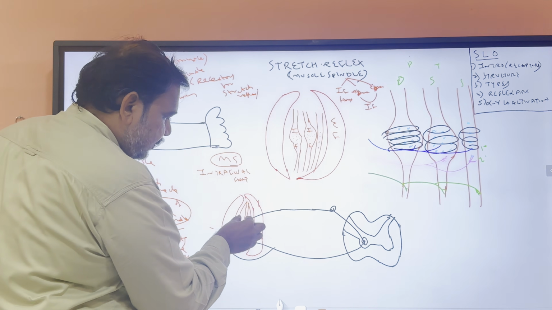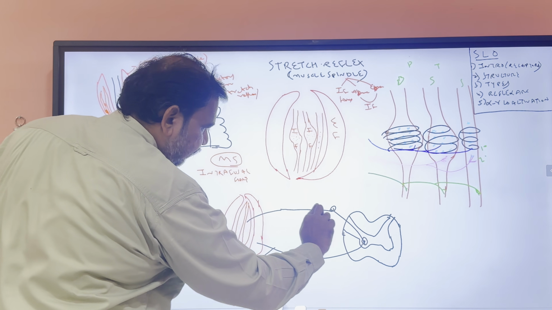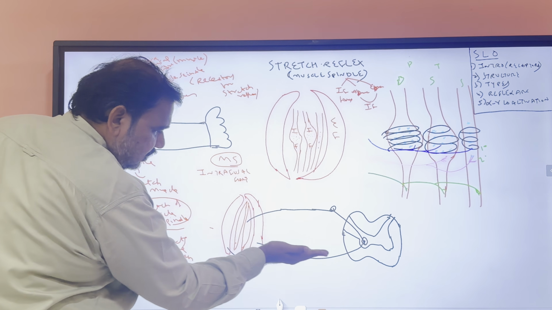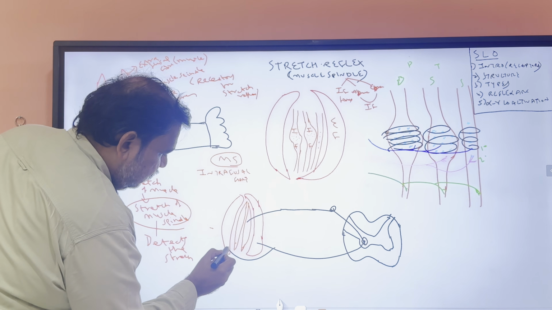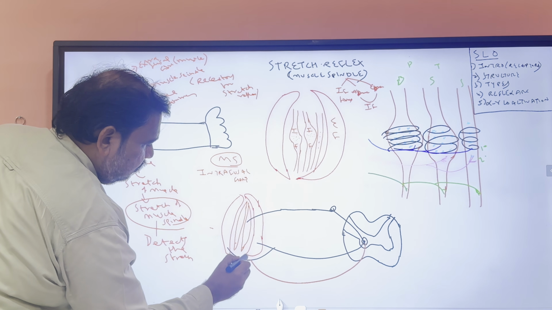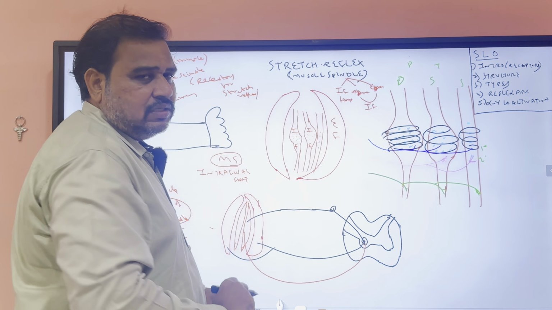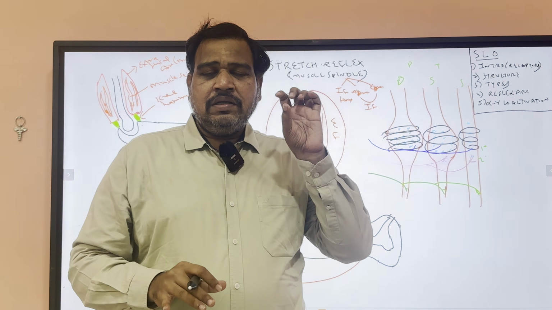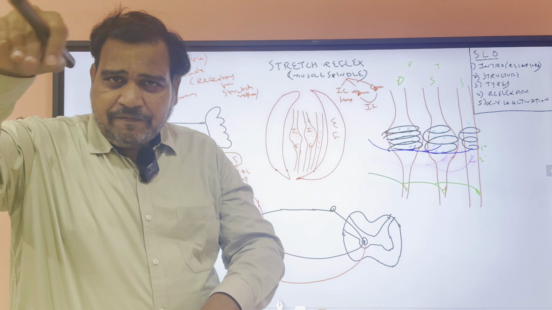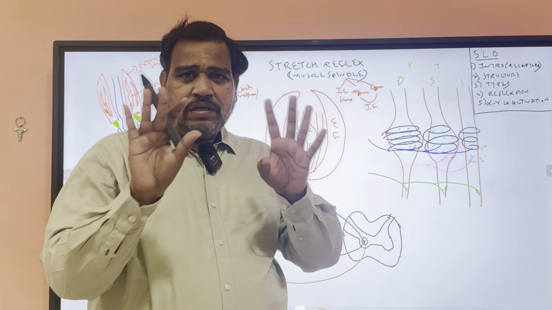The muscle spindle includes this intrafusal fiber, the afferent going to the spinal cord from the intrafusal fiber, and you can see here, one more efferent coming to the intrafusal fiber. This is the structure of the muscle spindle. So the muscle spindle is the intrafusal fiber, afferents coming from the intrafusal fiber, and fibers coming to the intrafusal fiber. This is called the muscle spindle.